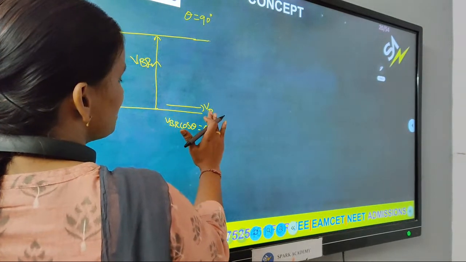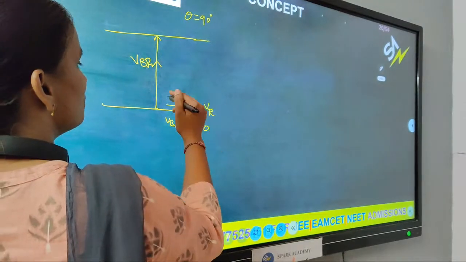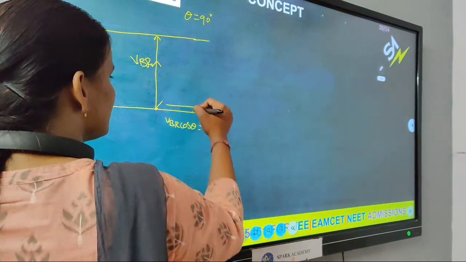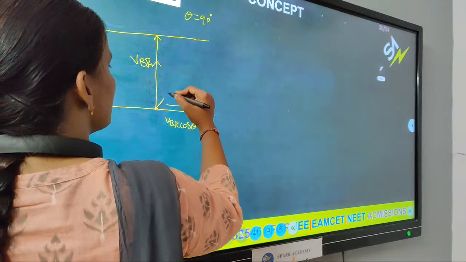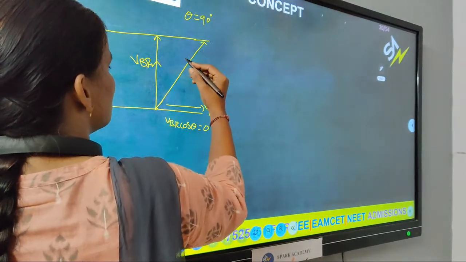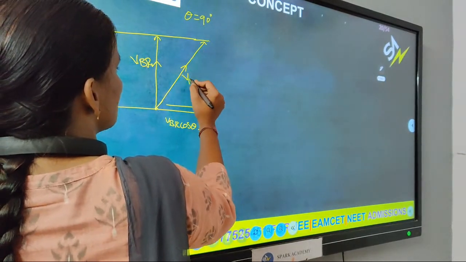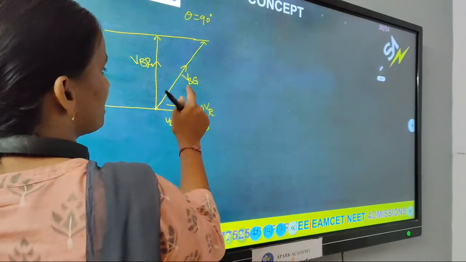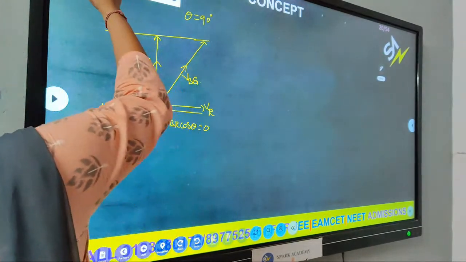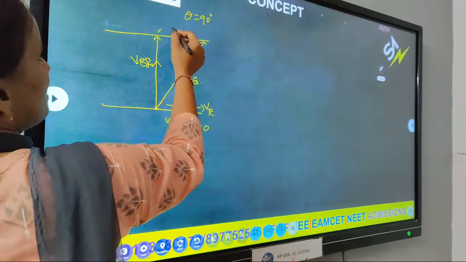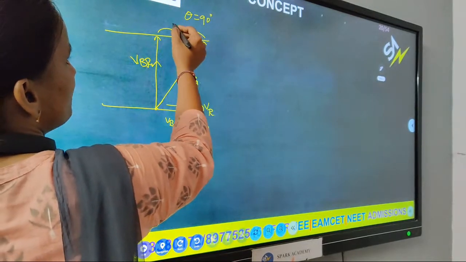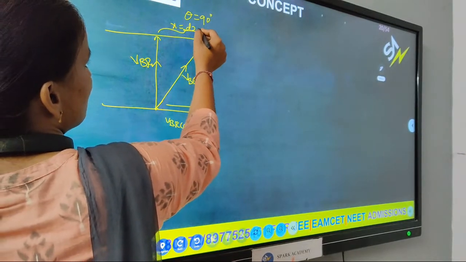So in this direction there is only river flow. The resultant of these two will be the actual velocity of the boat, meaning velocity of boat with respect to the ground. Even in minimum time he travelled along the river flow, which is called drift.